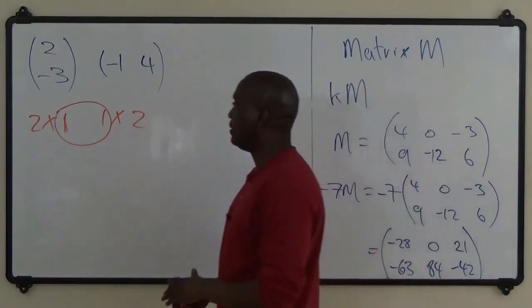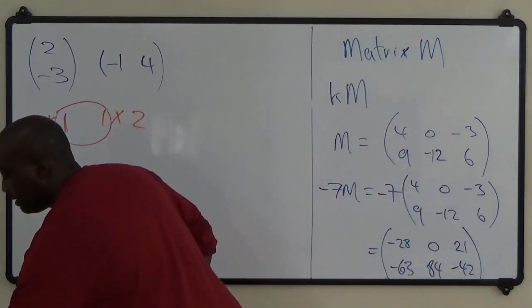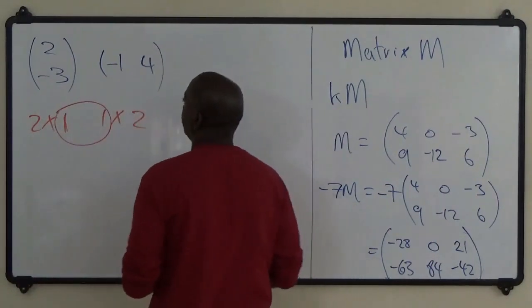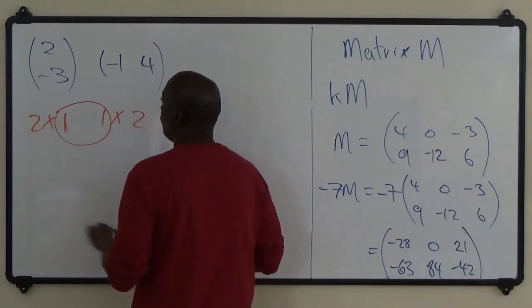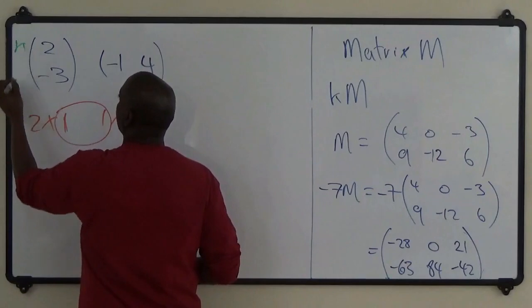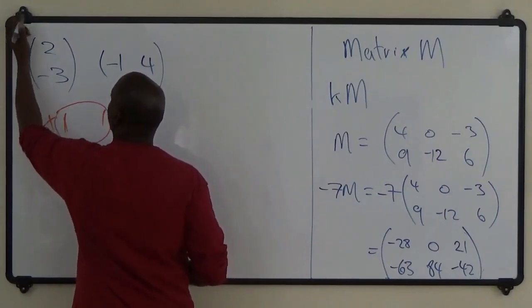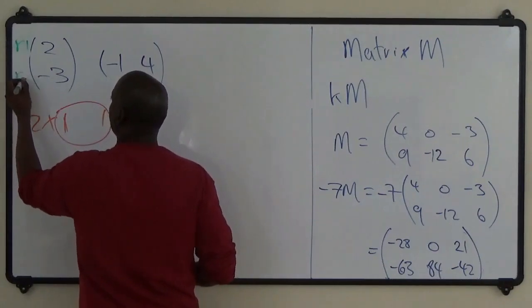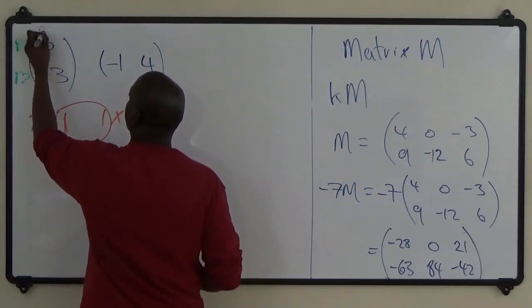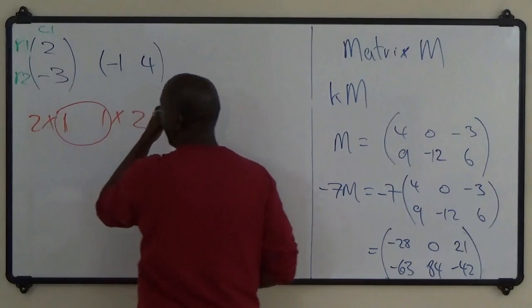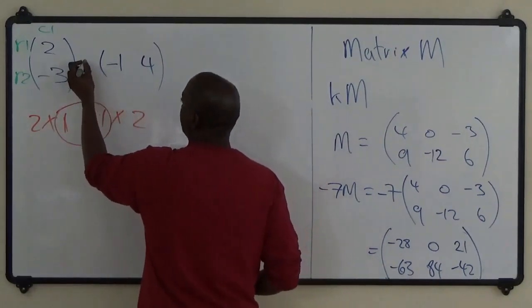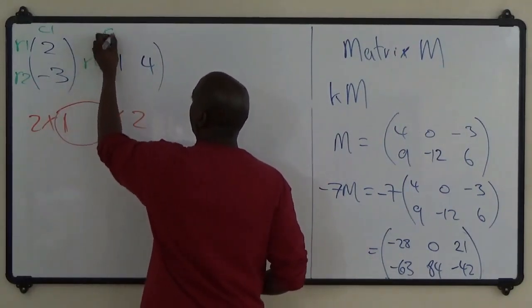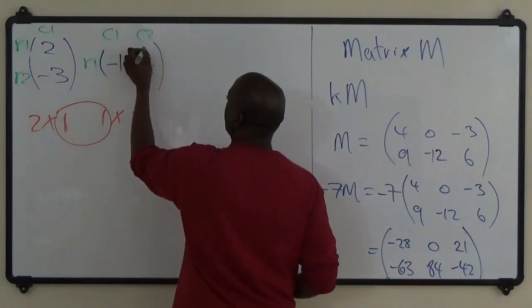Now I'm going to do some labeling here, and you'll see why I'm doing this in a little bit. So this is row 1. This is row 1. This is row 2. This is column 1. You only have one column here, right? This is row 1. You have column 1 here and column 2.